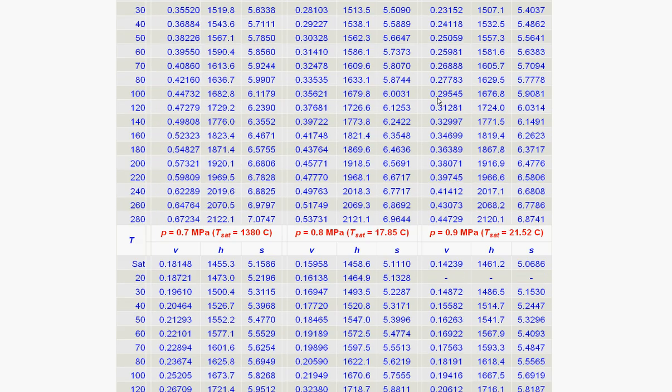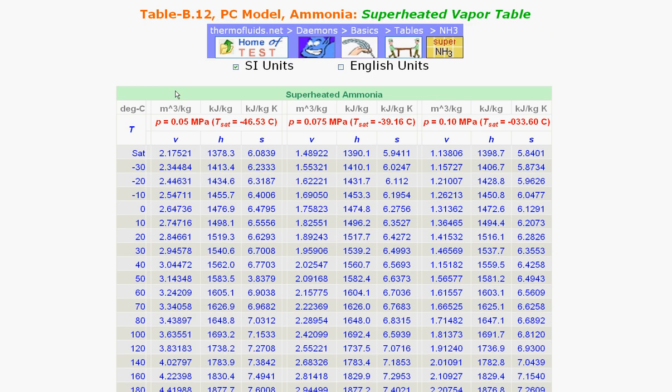So we have specific volume, we have enthalpy, and we have entropy. Internal energy isn't listed here. There is still a value for internal energy, but I guess this table didn't feel that it's important enough to include it. I have seen superheated tables that included internal energy.